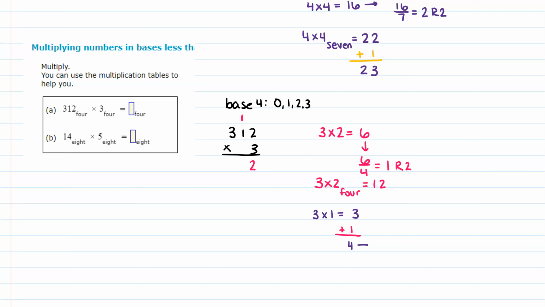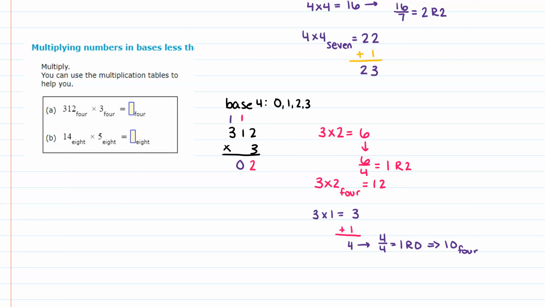So I have to convert this by doing 4 over 4 makes 1, remainder 0. So 3 times 1 and then plus 1 is 1, 0 in base 4. So the 0 is going to come down and the 1 is going to go up.